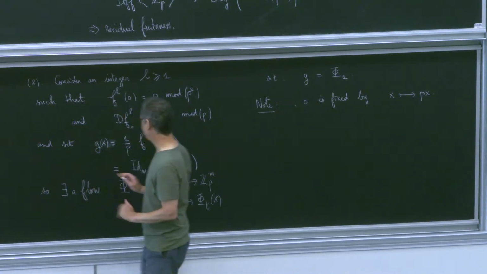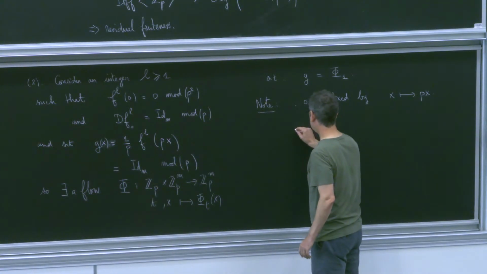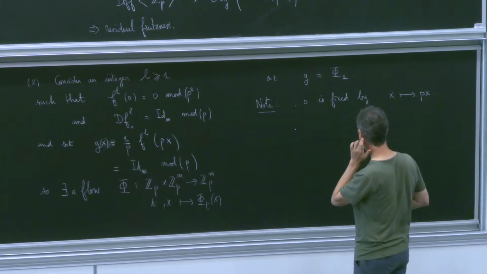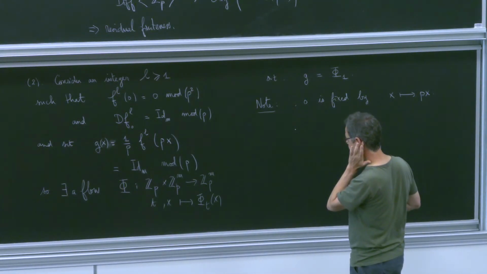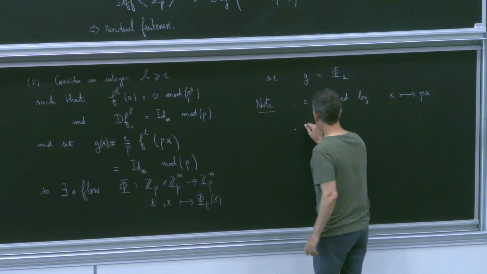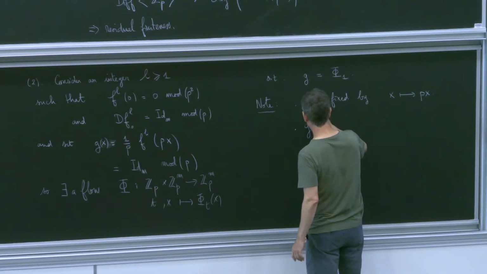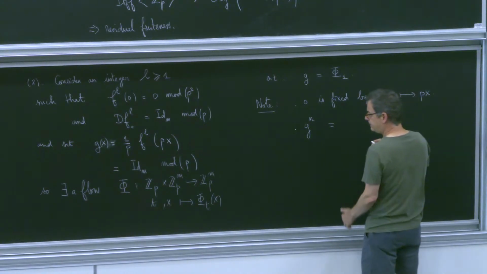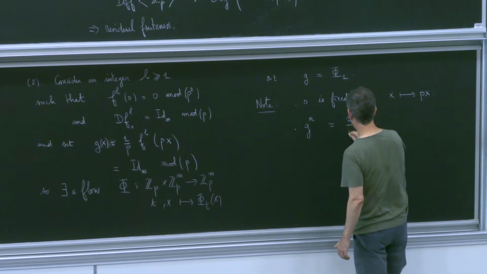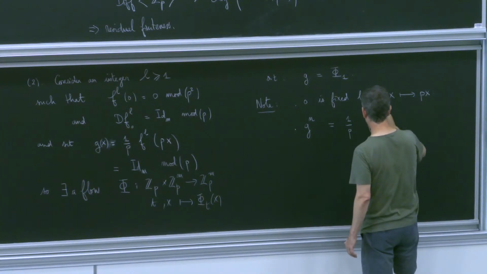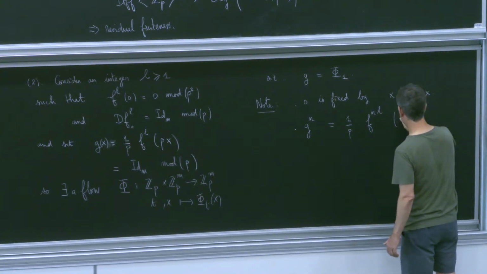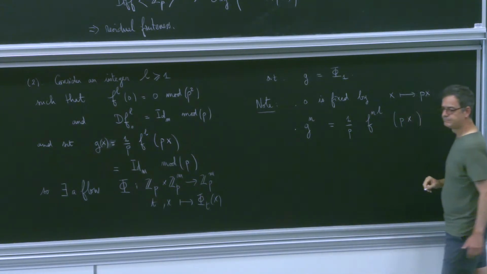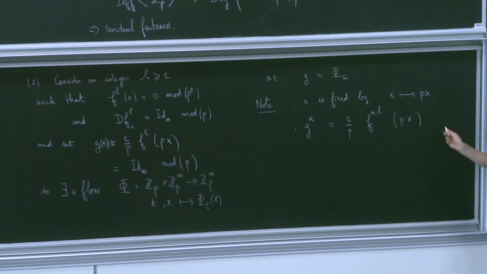This has not changed. Now, when I iterate g n times, because it's just conjugacy by multiplication by p, it's the same as the conjugacy of f iterated nL times by multiplication by p.